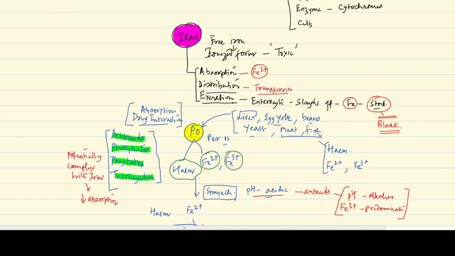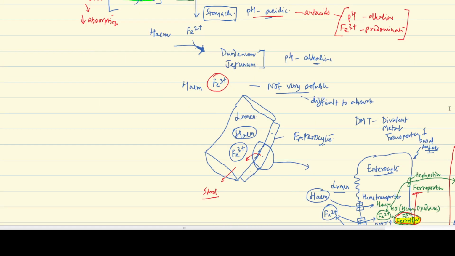So what does it do? It conjugates iron with proteins so that free iron is not found in the body. We've talked about the absorption, distribution, and excretion of iron, and we've talked about some important counseling points as well.